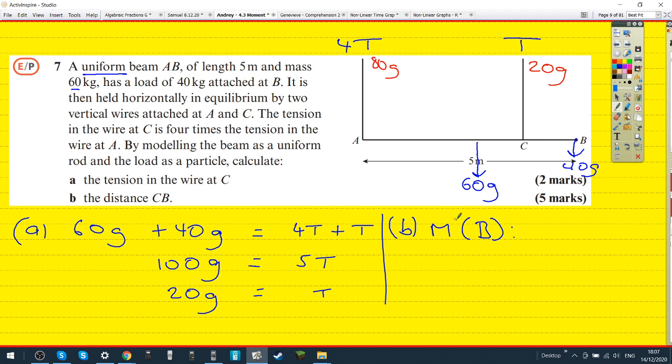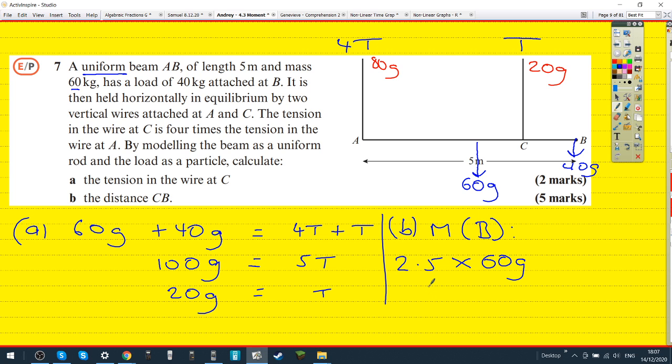Distance from B to C. Sorry, distance from B to the 60G force. 2.5 meters. So that one's 2.5 times 60G. What other forces do we have? What other distance?